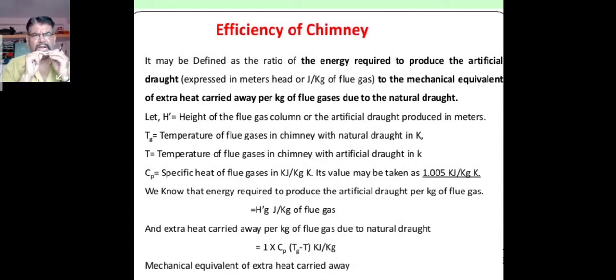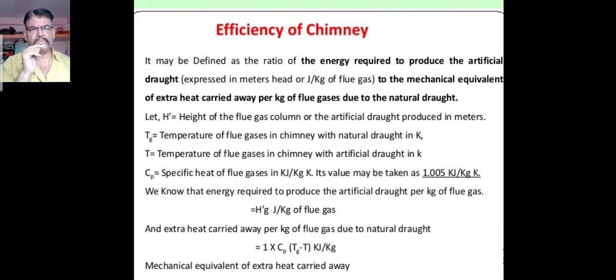Now the next important topic I have considered is the efficiency of the chimney. The efficiency of the chimney may be defined as the ratio of the energy required to produce the artificial draught, the draught being expressed in meter head or joules per kg of flue gas, to the mechanical equivalent of the extra heat carried away per kg of flue gases due to the natural draught.